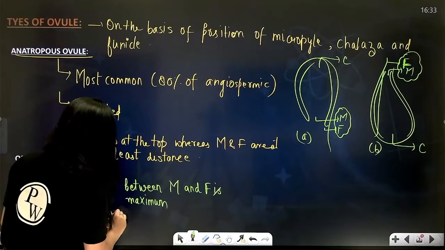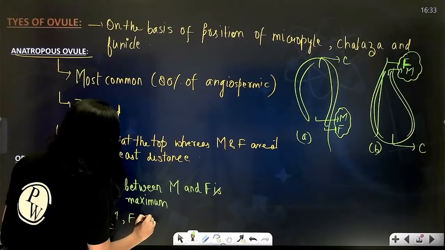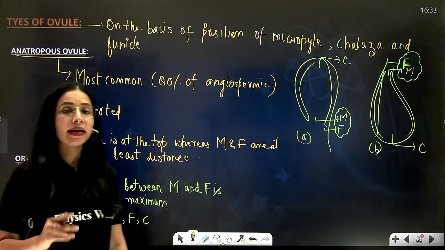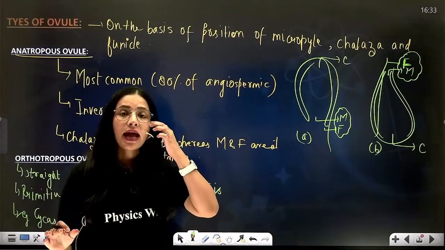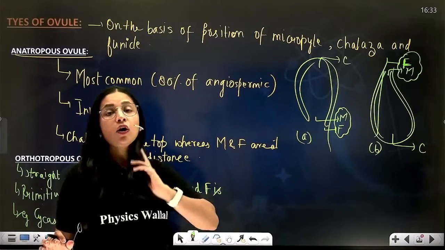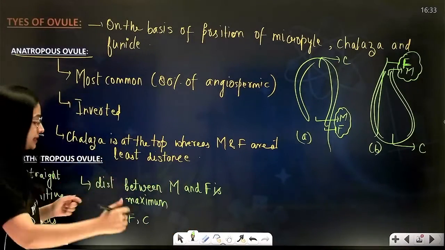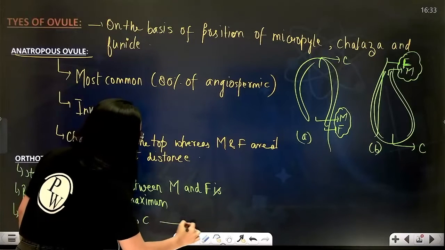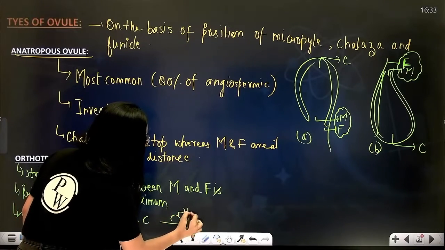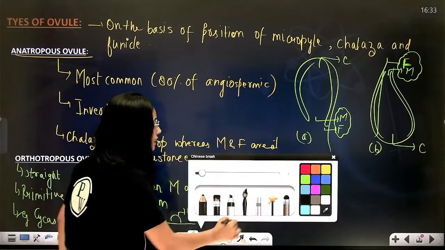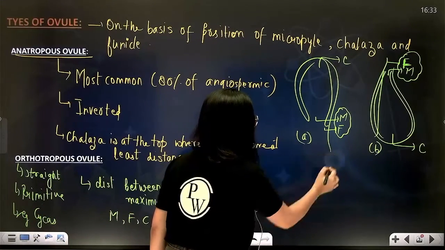Both M, F and C, where M stands for micropyle, F stands for funicle and C stands for chalaza, all the three lie on the same straight line. So you can say all the three are at 180 degrees. I'll show you this with the help of the diagram also.